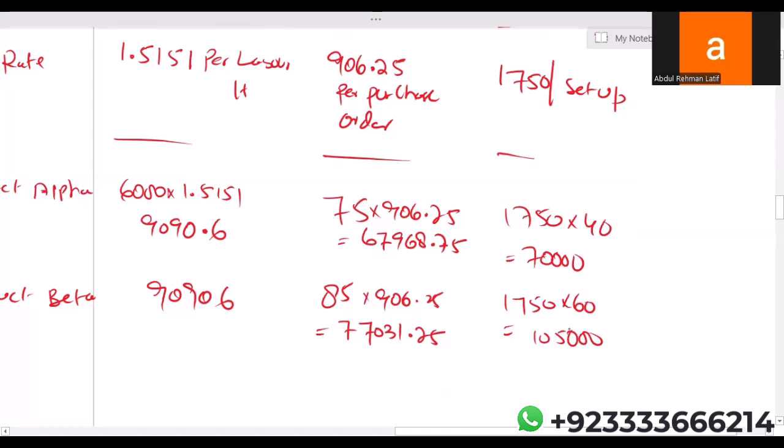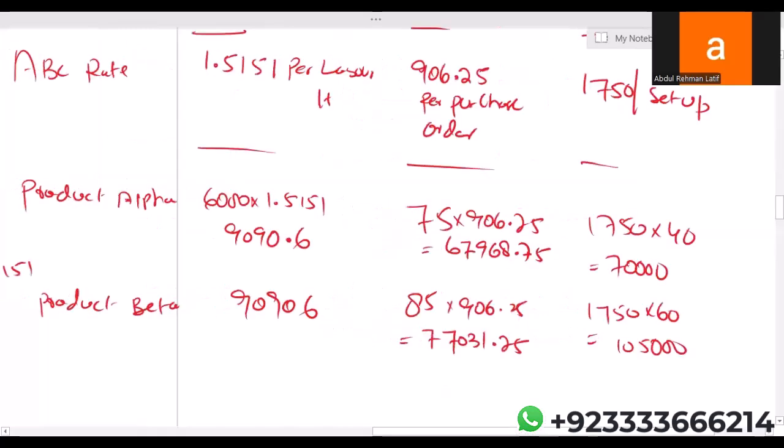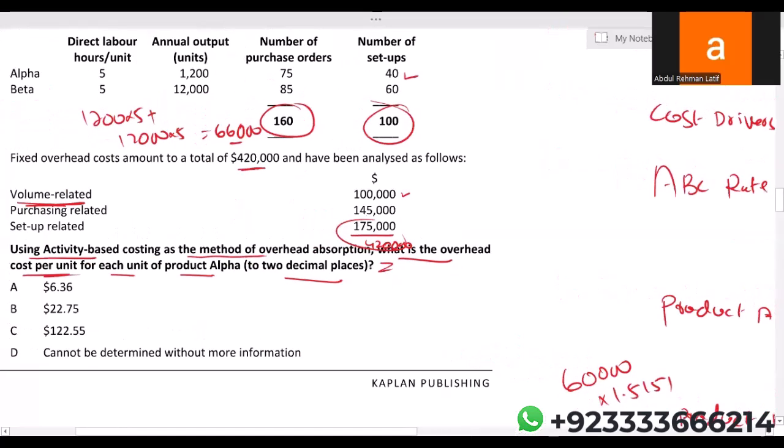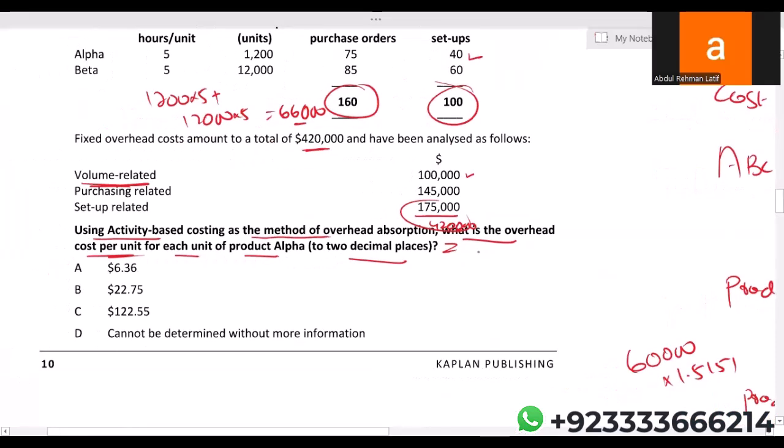So students, we have allocated the overheads to alpha as well as beta. Now let's go to the requirement. Using ABC costing as the method of overhead absorption, what is the overhead cost per unit of each product of alpha?